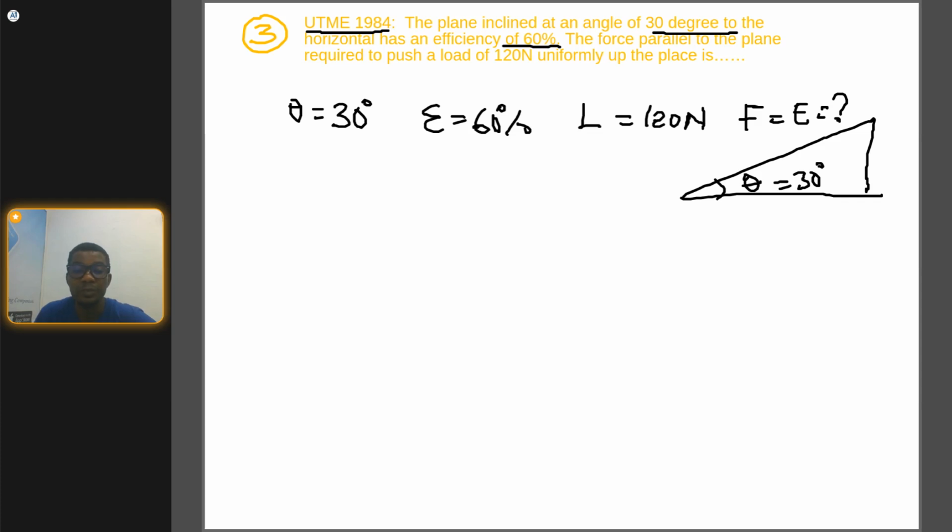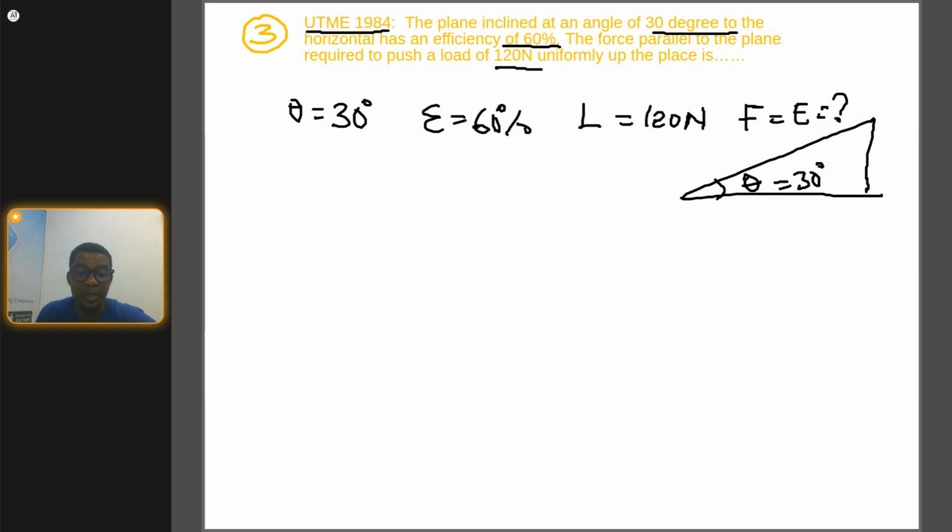We are asked to obtain the force, which is also known as the effort, in pushing the 120 Newton load. All right.